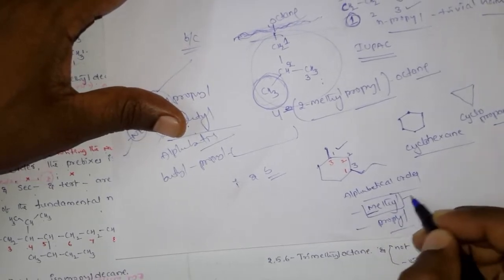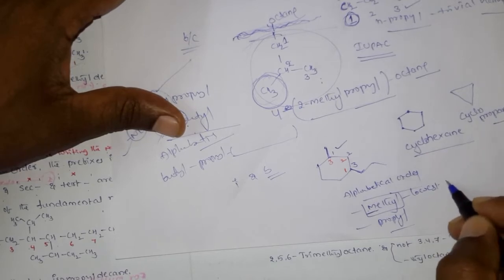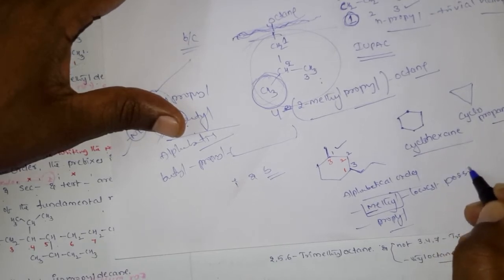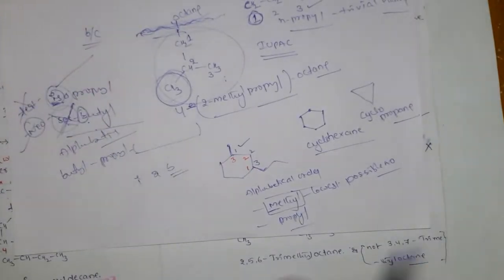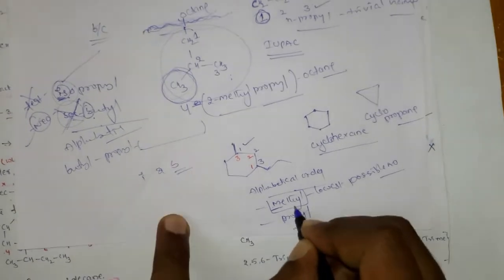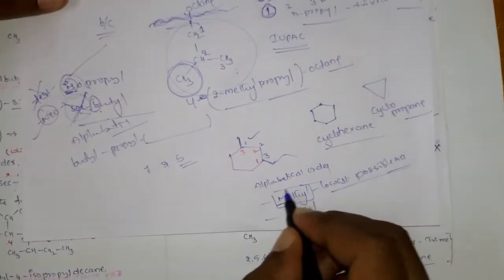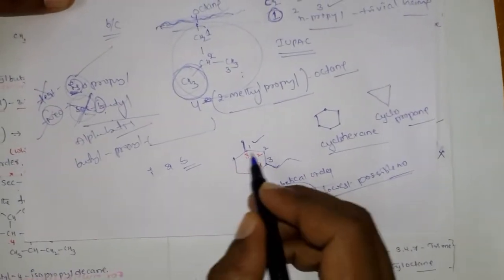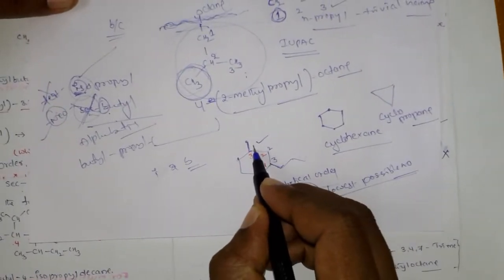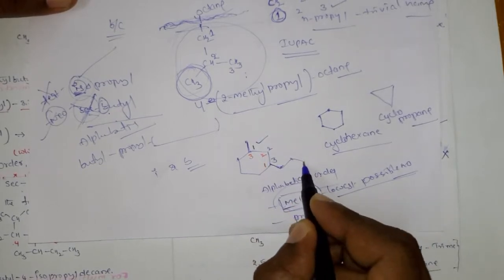So the methyl should get the lowest possible number, not the propyl, because in alphabetical order methyl comes first. So the methyl should get the first priority, not the propyl.